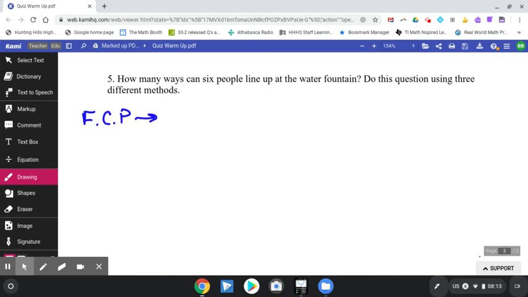This is where we set up our blanks. So if we're lining up, there's 6 people and I want to line them up at the fountain, I've got 6 decisions to make. I go to pick the first person I'm going to put in line, and there are 6 people available. Now I've selected one person and put them in line. So when I go to pick my second person, there's only 5 people available, and so on and so forth.